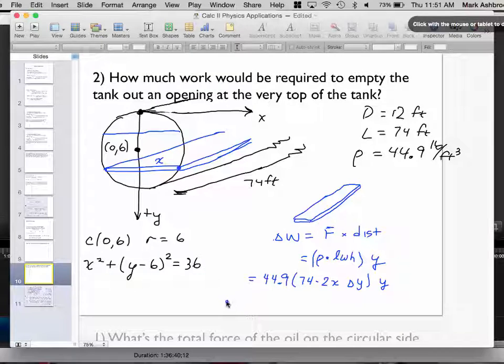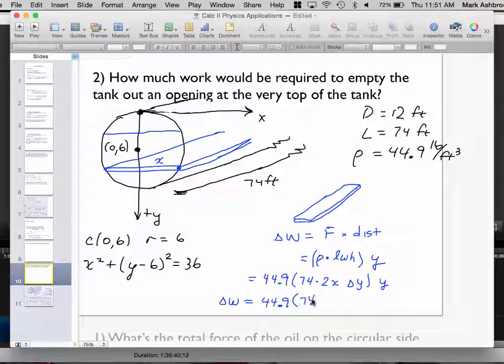And so this is going to be our delta work. It's going to be 44.9 times 74. That's the length. The width is 2x, so times 2. Solving for x here, the square root of 36 minus this, times the height of that.